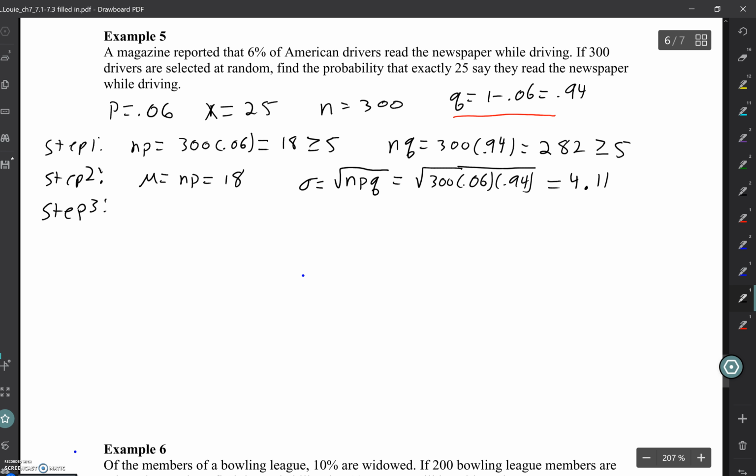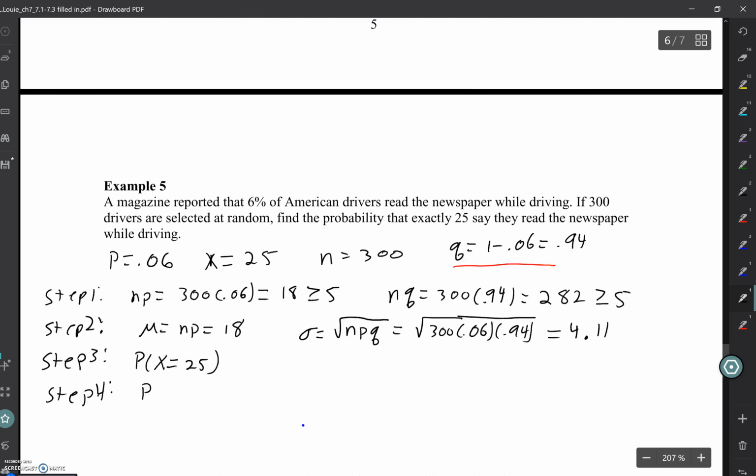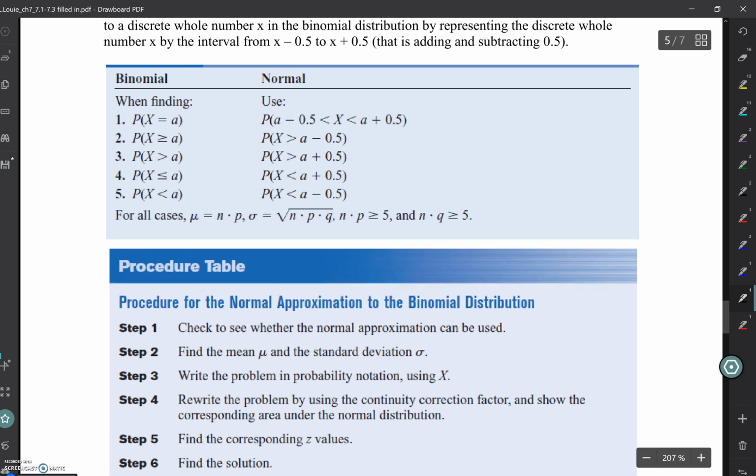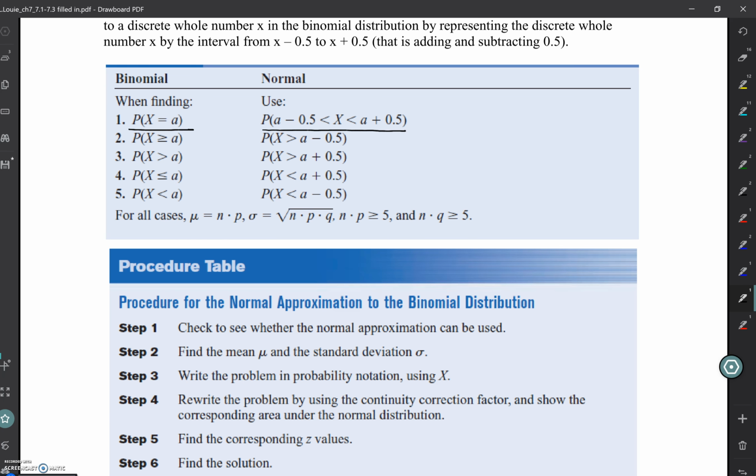Then step 3 says write down what your probability is, what you want to find. Well, we want to find the probability that x is equal to 25. So now that I know what I'm looking for, I want to rewrite it with the continuity correction. X equal to an amount says I want to use x minus 0.5 and x plus 0.5.